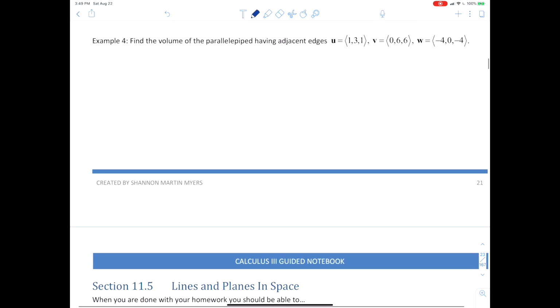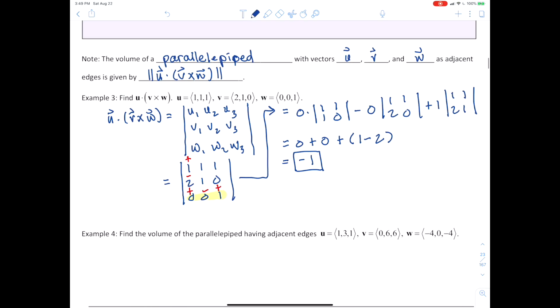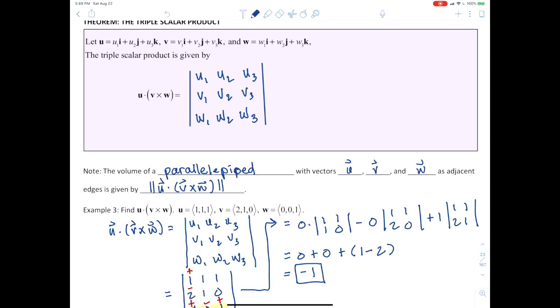Okay, so now let's find the volume of the parallelepiped having adjacent edges U equal to 1, 3, 1, V is 0, 6, 6, and W is -4, 0, -4. So what we're going to do here is you're going to get a scalar, and so the magnitude is really just the absolute value, right?